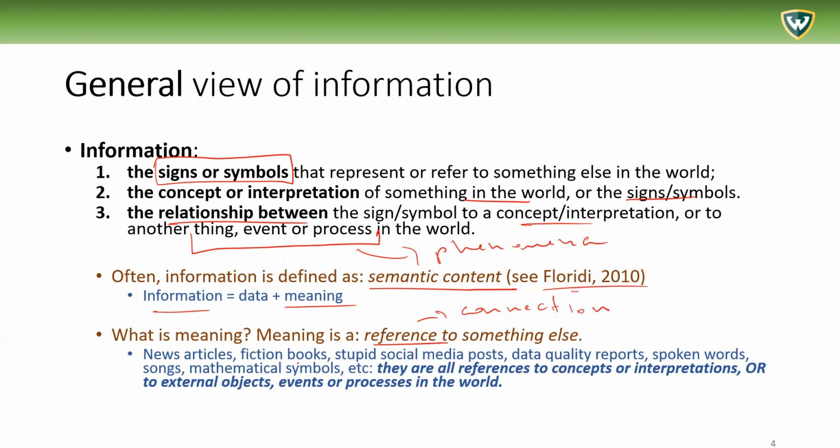So news articles, fiction books, stupid social media posts, formal data quality reports, spoken words, songs, mathematical symbols and equations. These are all references to concepts or references to external objects, events, or processes in the world, so other phenomena. That's what meaning is. And that's why these things here are all, we call this information.